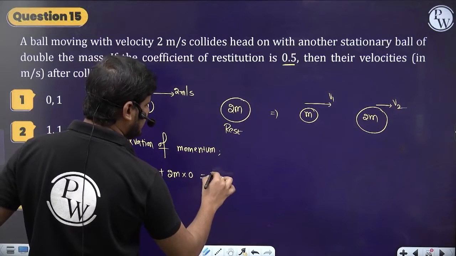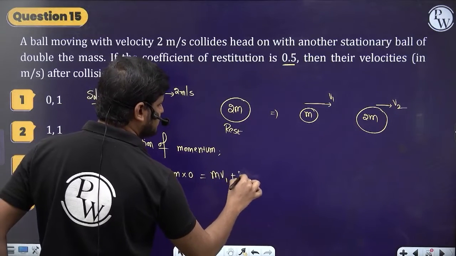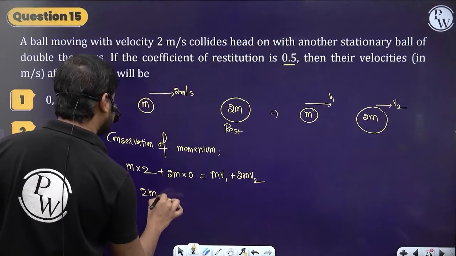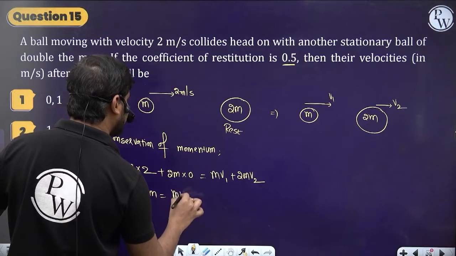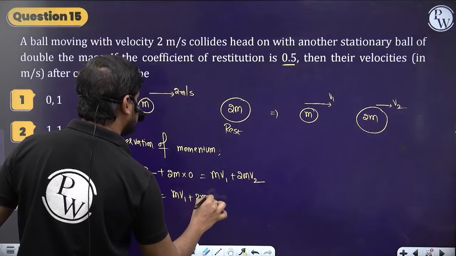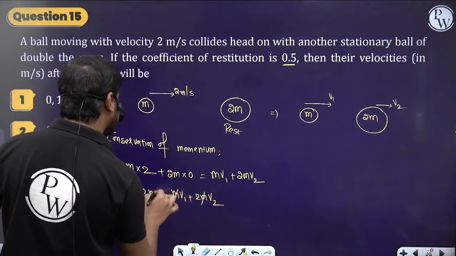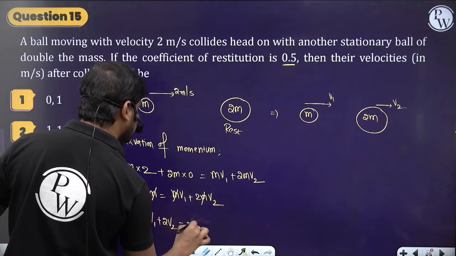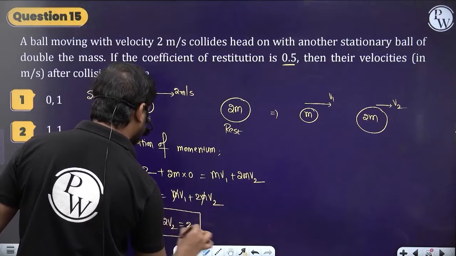Finally M into V1 plus 2M into V2. So 2M is equal to MV1 plus 2MV2. We can cancel M. So here V1 plus 2V2 is equal to 2. Let it be equation number 1.